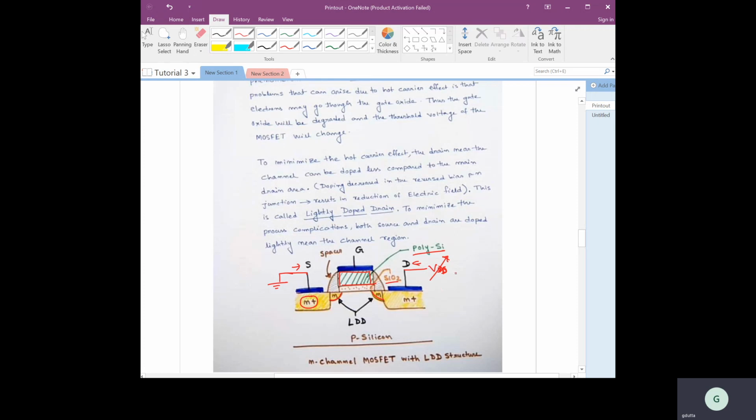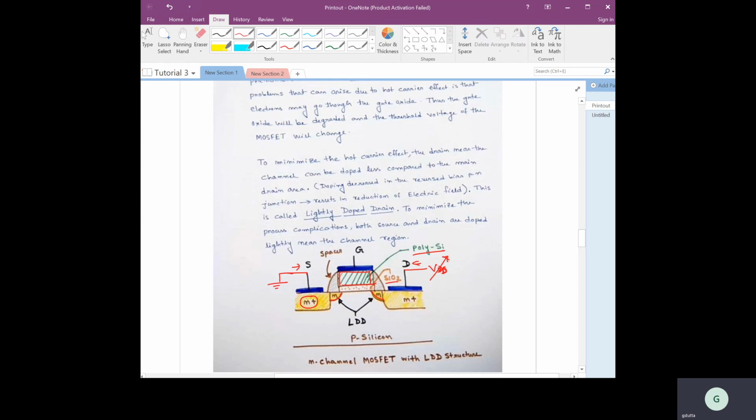So when this VDD is becoming higher and higher, the electric field between the source and drain is also becoming higher and higher, right? And when this electric field becomes higher, the velocity with which the electron is traveling from the source towards the drain also increases, right?